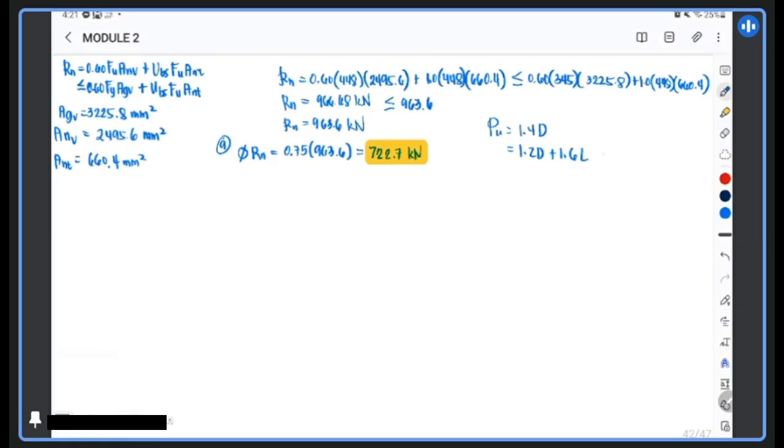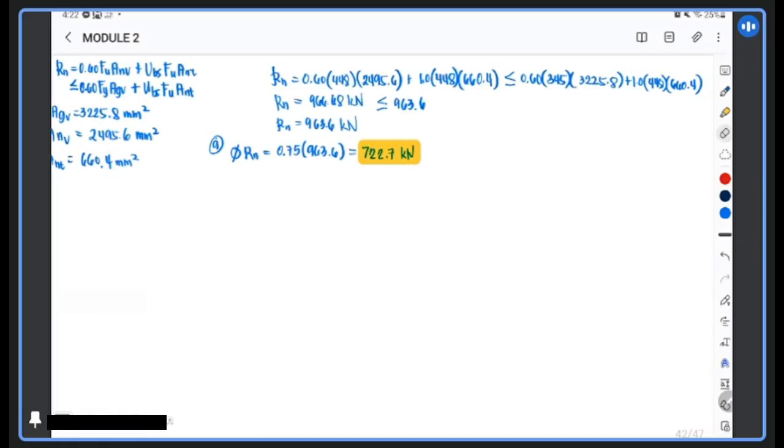If we compute, for example, 1,000 kilonewton, ibig sabihin our section is not enough to resist the given load, because ang capacity niya lang for block shear is 722.7. Ganun yun pagdating sa design natin. On Friday na tayo magde-design.